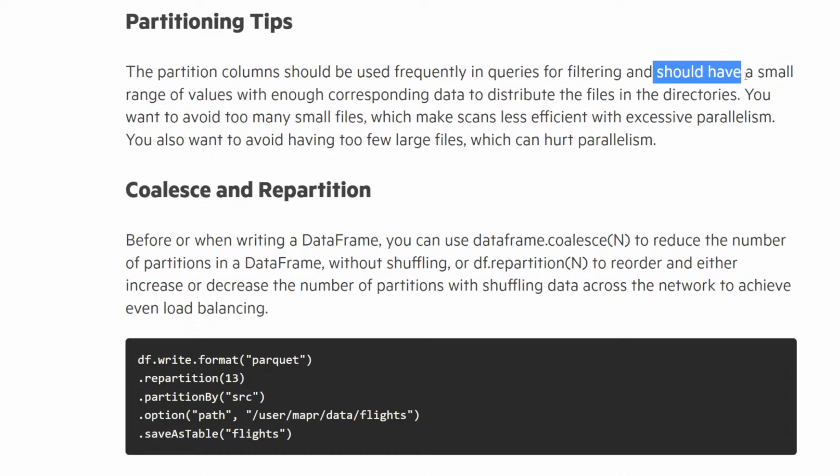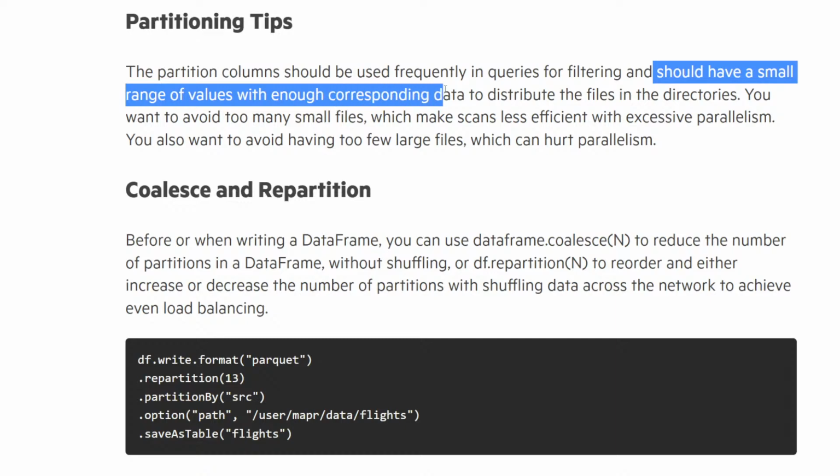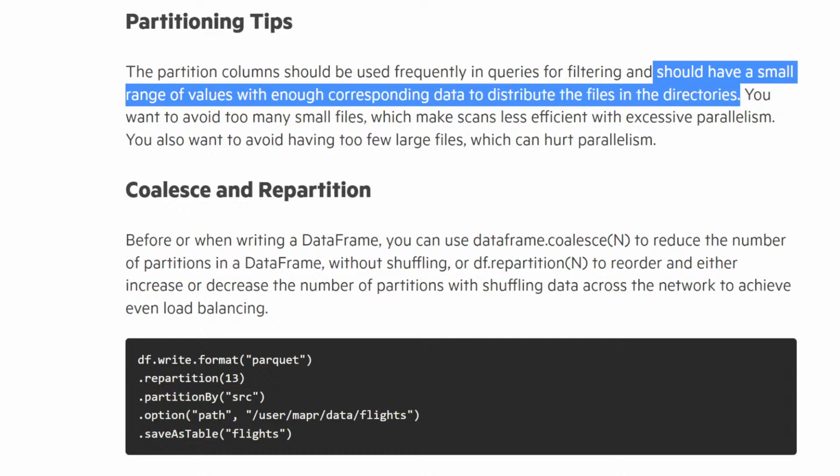And you cannot have an ID column for a partitioning. It should typically have a small range of values. So a list of states in a country, that probably is acceptable. Age is probably acceptable, age range even better. But somebody's last name is probably not acceptable for the partition columns.